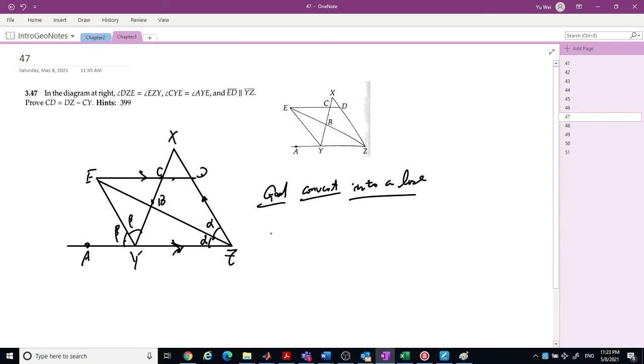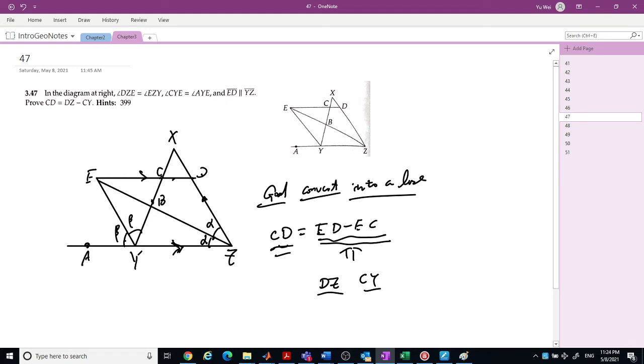You can see CD is equal to ED minus EC, right? So can we construct some relationship between DZ and CY with this line?